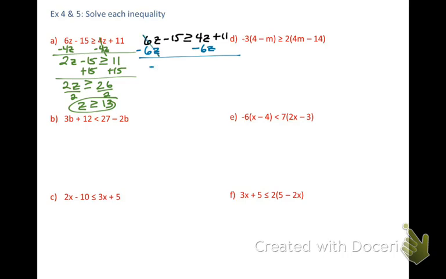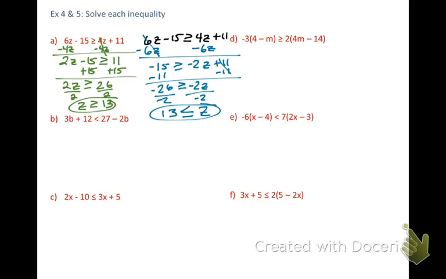So I get rid of that, and it's negative 15 is greater than or equal to negative 2z plus 11. Bring over 11, and that's negative 26 is greater than or equal to negative 2z. So I divided by a negative, so I have to remember to switch it over. And see again, you have the same answer.